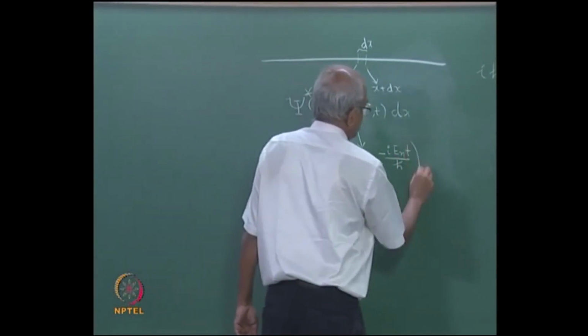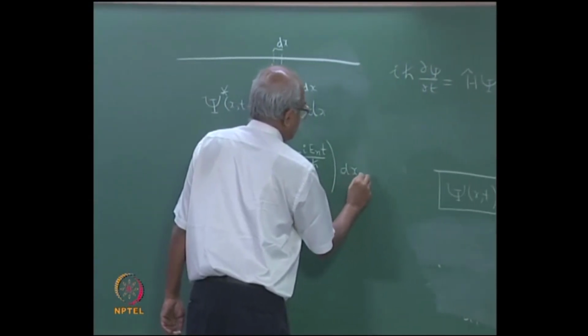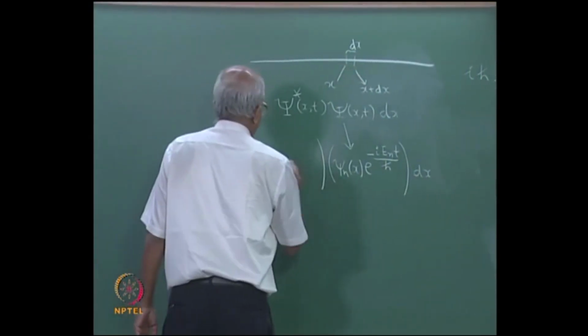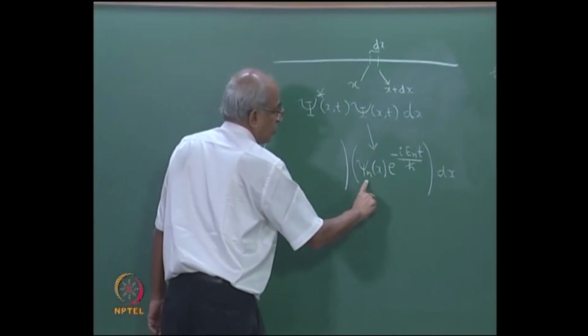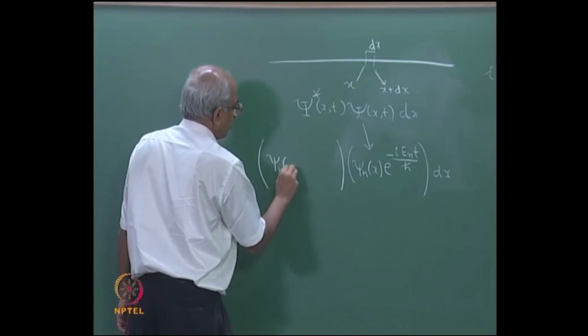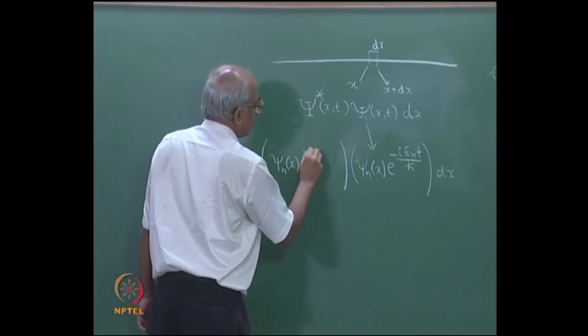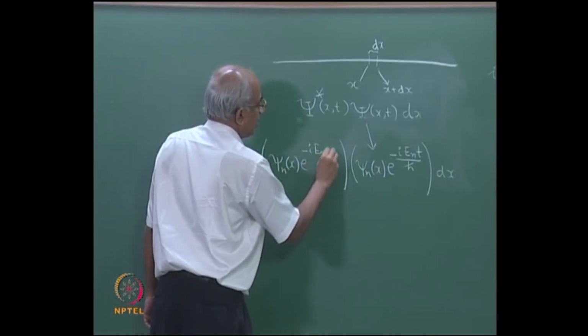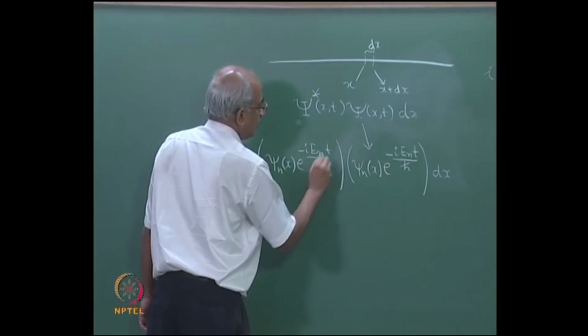This is psi of x, then you have to multiply it by dx, and you have to multiply it by the complex conjugate of this, which will be equal to psi n of x e to the power of minus i E n t by h cross with a star written.